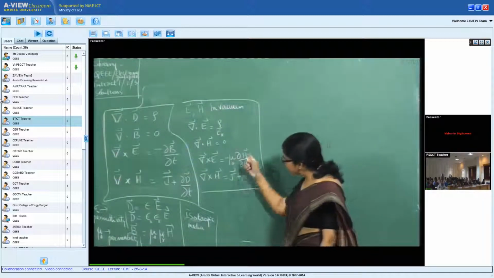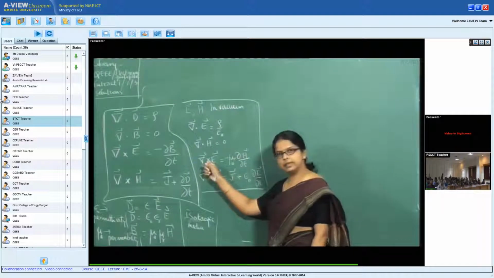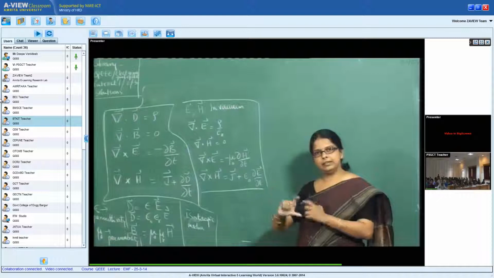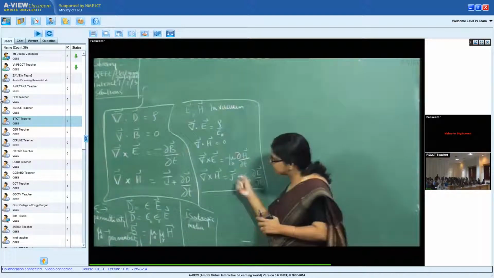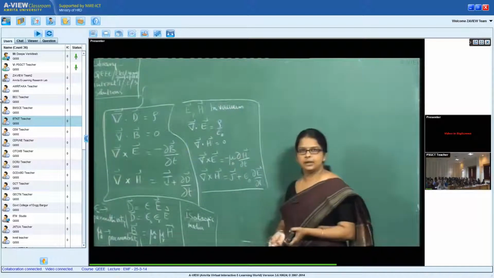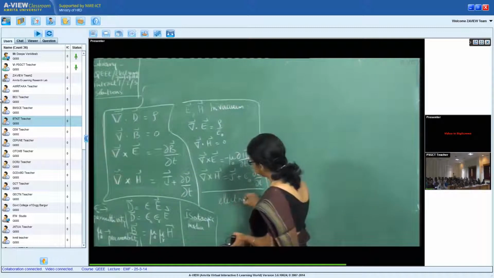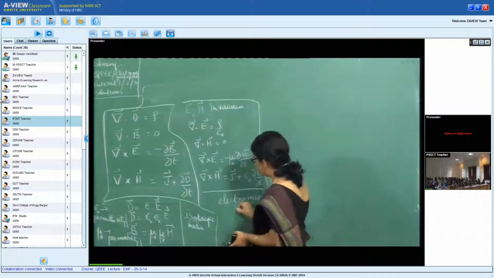If I have a magnetic field changing with time, it means I can create an electric field. So a time varying electric field and a time varying magnetic field can coexist with each other in free space, which is what would contribute to an electromagnetic wave.